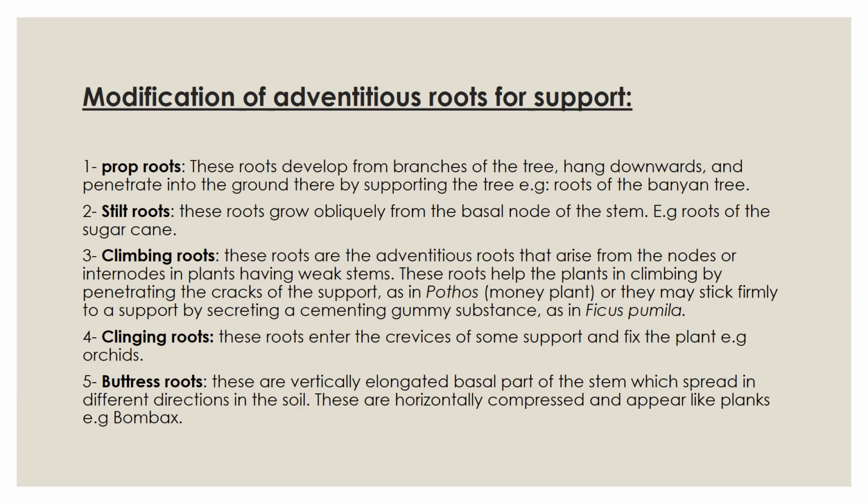These roots develop from the branches of the tree. As I said to you, adventitious roots always develop from any part of the plant except the radicle, right? So this one develops from the branches of the tree, hangs downwards and penetrates into the ground, thereby supporting the tree.